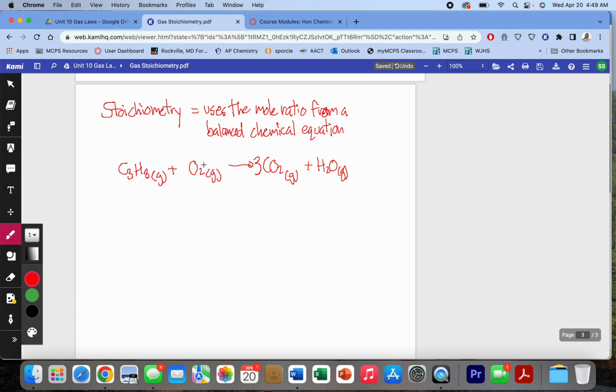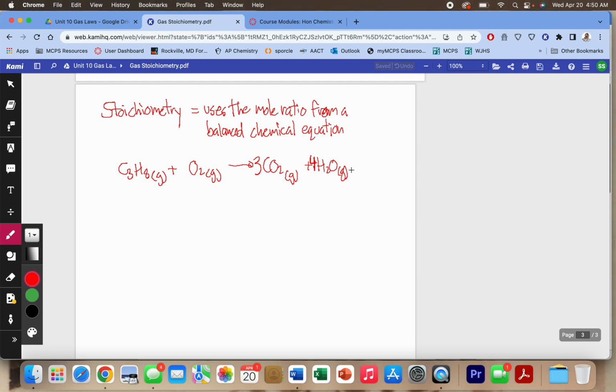We have 8 hydrogens, so 4 H2Os over here gives us 8 hydrogens on both sides. 4 times 1 is 4, 3 times 2 is 6, so we have 10 total oxygens over here, and that would give us 5 O2s over here. So the first thing is we need a balanced chemical equation. Don't forget always to check to make sure that the equation is balanced.